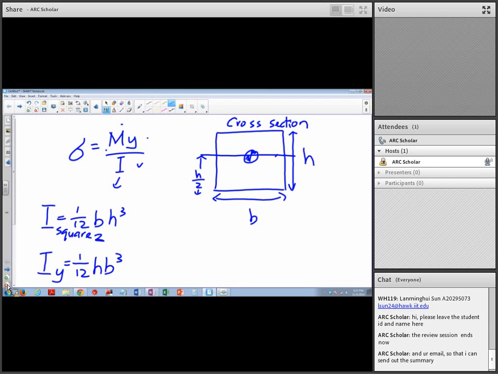The y is just basically any point. Let's say I want to find the stress at this point. The y is just the distance from the centroid to the point that I want to measure the stress at. If I want to look for the stress at this point, this would be the y.